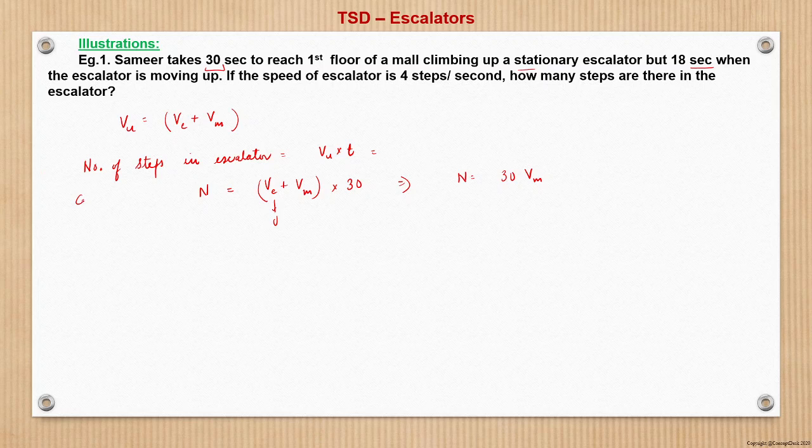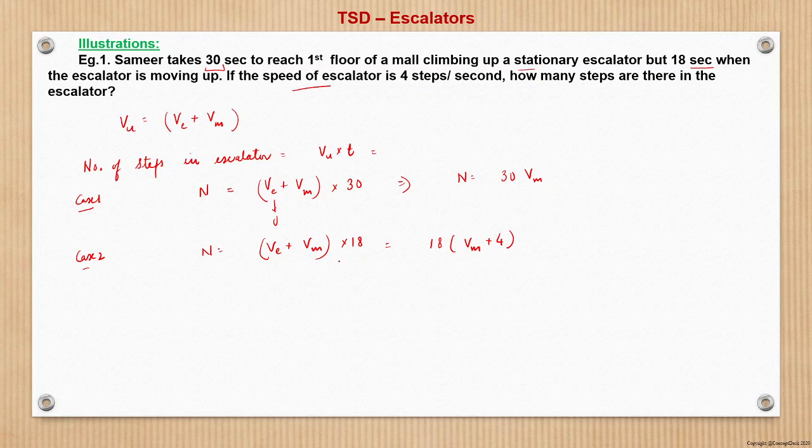Case 1. Case 2, when the escalator is moving up, it's 18 seconds. So n would be what? Ve plus Vm into 18 seconds, right? And here Ve is given as 4 steps per second. So this I can further write as 18 into Vm plus 4, right?